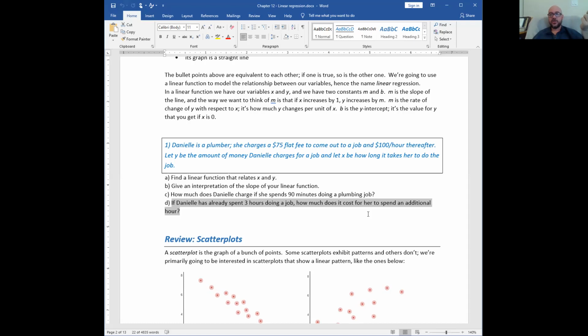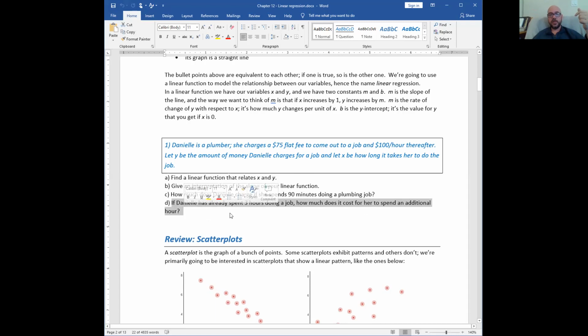So it's $100, just like all the other hours. That idea of always being the same amount every time X goes up by 1 is a characteristic of lines. Now, if this function was not a straight line, that would not be true, right? How much she charged would depend on where she was on the function.